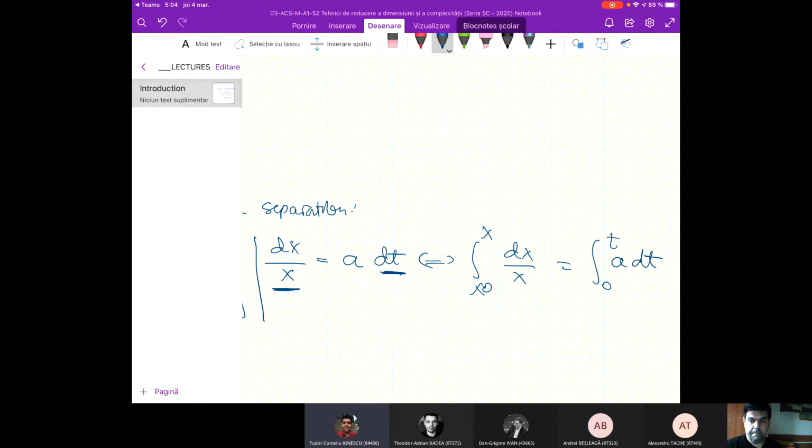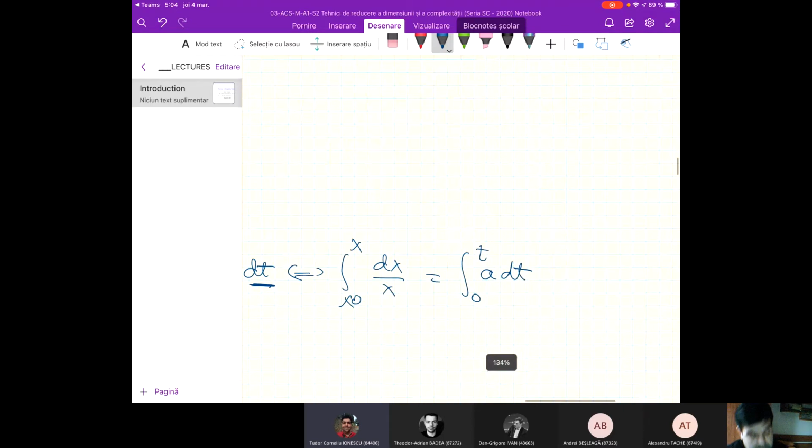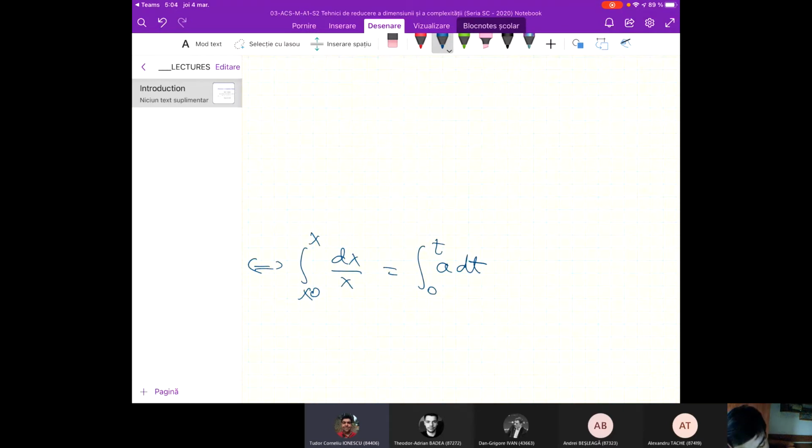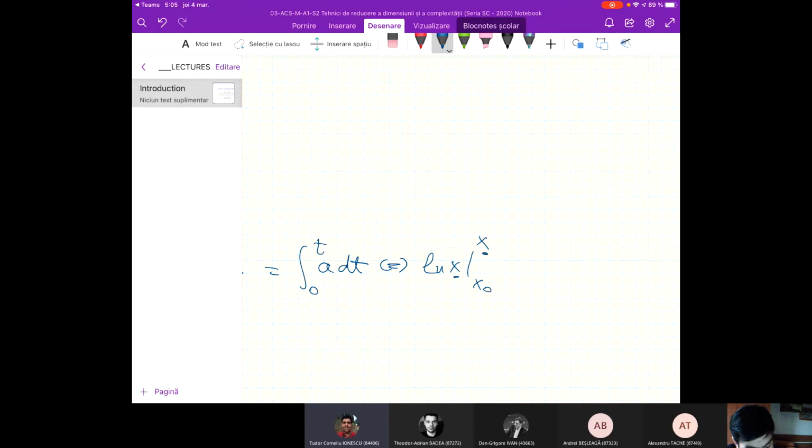What is the integral of 1 over x? It's the natural logarithm of x, ln x. Exactly. So this is ln x from x0 to x. Don't mind x appearing twice. This is abusive, but you understand what I'm talking about.